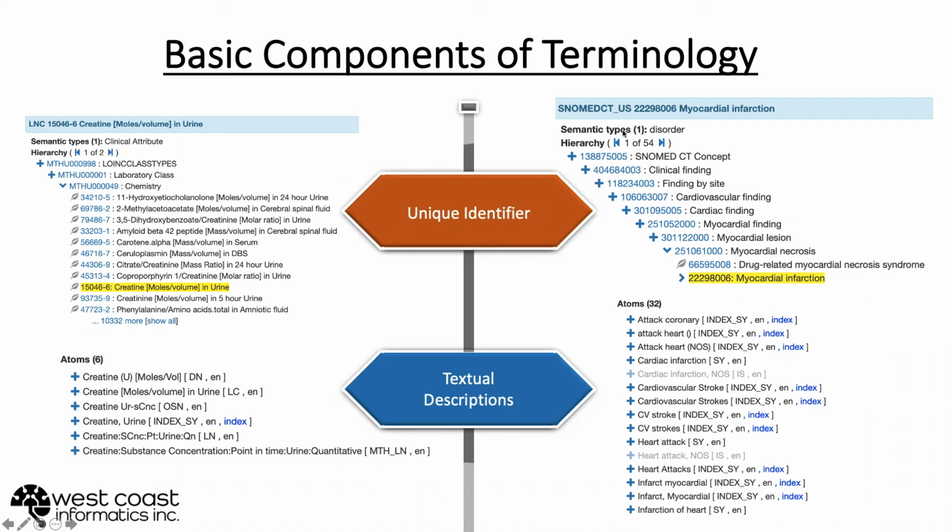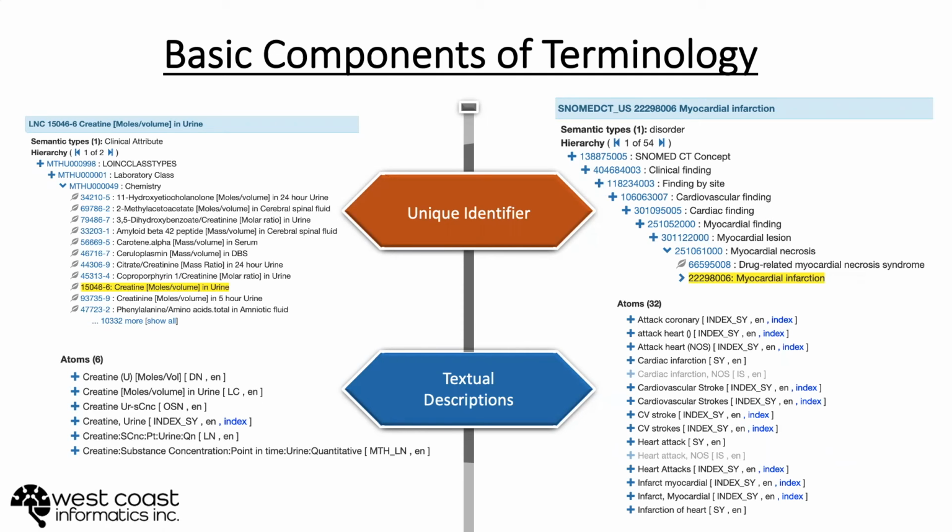And then on the right-hand side, we have myocardial infarction, and it also has a unique identifier. So in both of these terminologies, those unique identifiers are persistent. They don't change. They're never deleted out of the terminology. They always exist for all time, so that if you ever use it at any point in time, it's going to be there, and you'll be able to retrieve it.